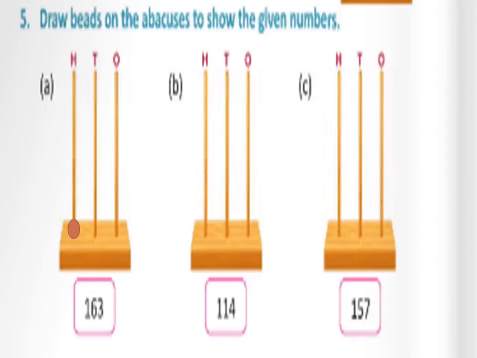So draw 6 beads. 1, 2, 3, 4, 5, and 6. Then ones place 3 beads. So draw 1, 2, and 3. This is how you should draw beads on the abacus to represent the given number.